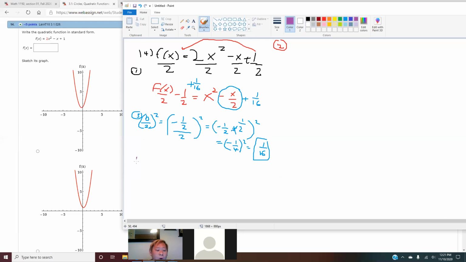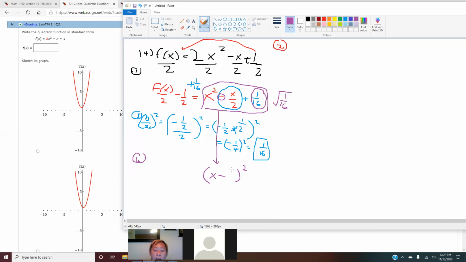Step number 4, these 3 terms that you see here can be written as a perfect square. That perfect square is x minus. The reason why you got minus is because this sign is a minus. If this sign is a plus, then you get plus. This number that you have here, you can take the square root of 1 over 16.